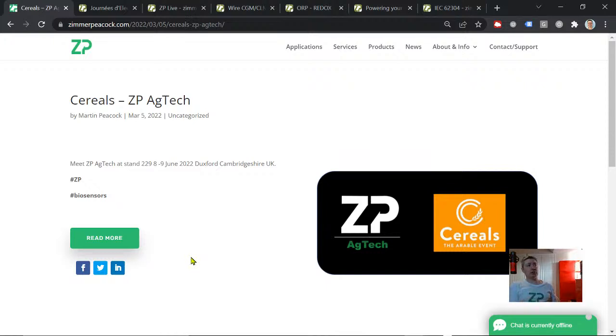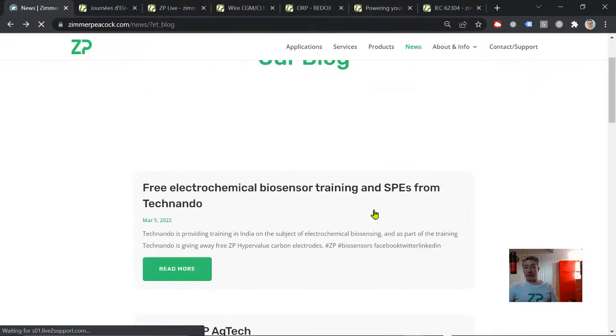Wheat production in the UK, and in the world, is really important. It's one of the biggest sources of protein, nutrients and carbohydrate for people. So we're attending a conference, and we're going to talk about our nitrate sensor for monitoring the nutrients in the soil during the growing.